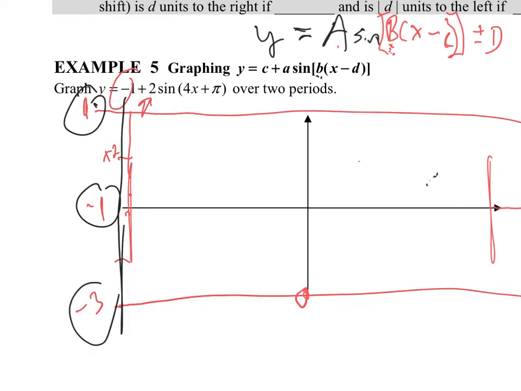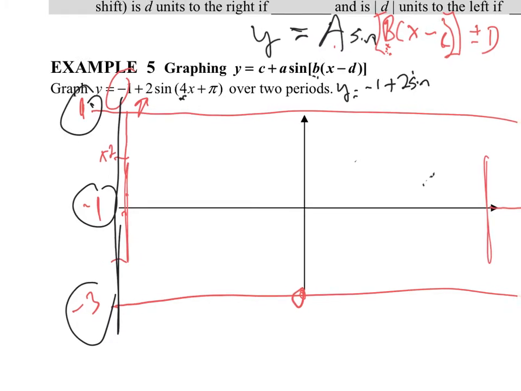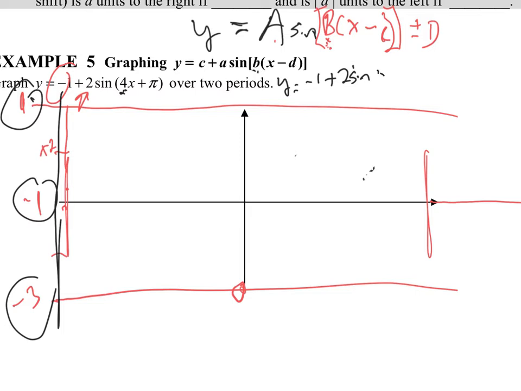Next thing I'm going to look at. He did not factor out the b, so I should rewrite this problem. Y equals, he wants to put the negative 1 in front, that's fine, plus 2 sine, factor out the 4. So when I factor out the 4, then this becomes an x plus pi over 4, because pi over 4 times 4 is just the pi that I had to begin with.